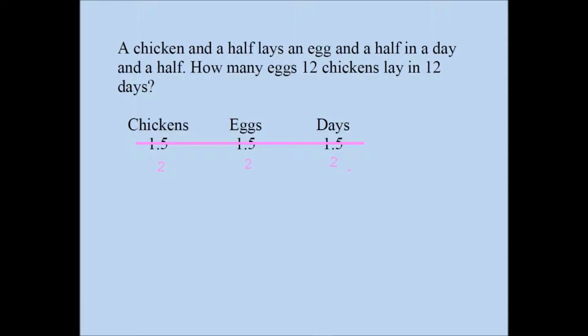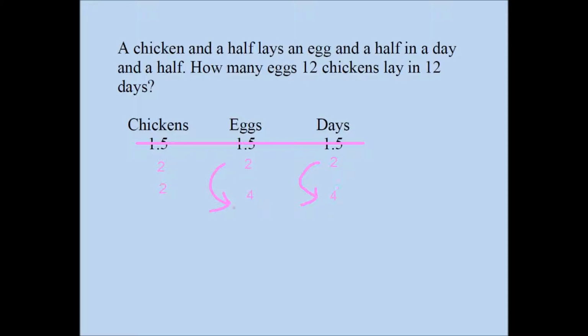Okay, let's say the number of chickens is the same. I can say 2 chickens can lay, if I want to multiply this by 2, I have to multiply this by 2. So let's say 2 chickens will be able to lay 4 eggs over a period of 4 days.